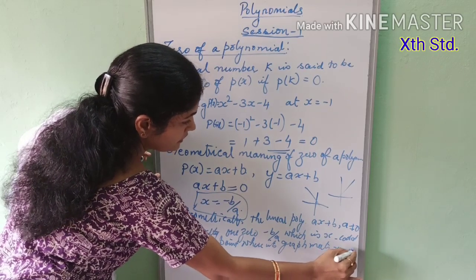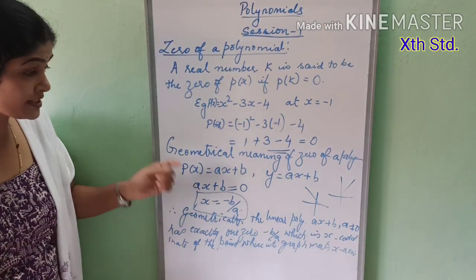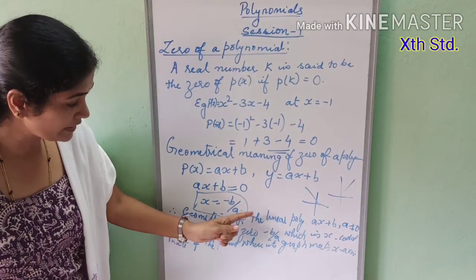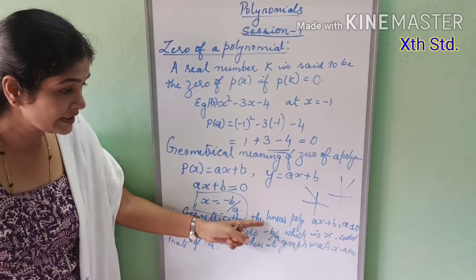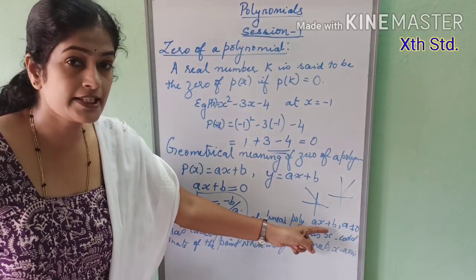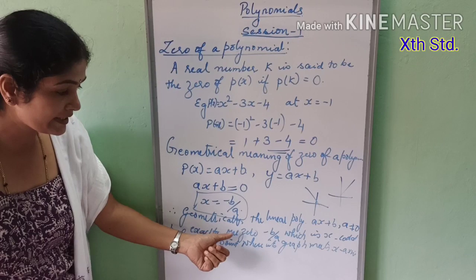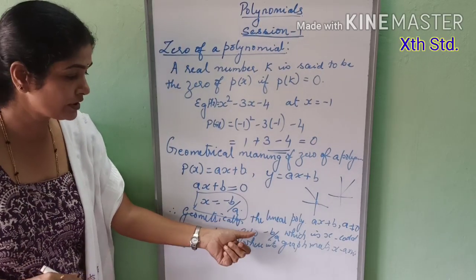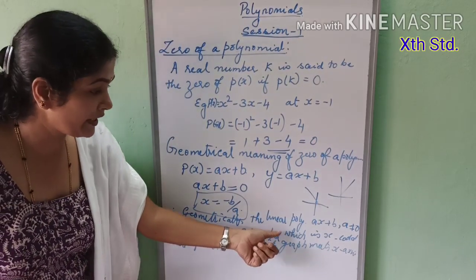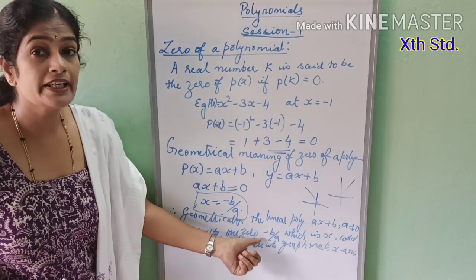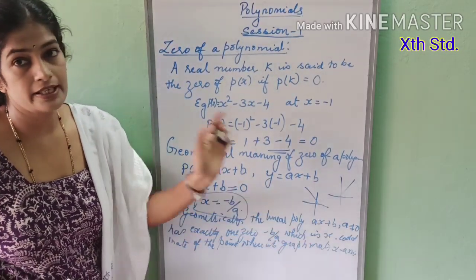Look here carefully. The geometrical meaning is that the linear polynomial ax plus b, where a not equal to 0, has exactly 1 0. That 0 is minus b by a, which is the x coordinate of the point where its graph meets the x-axis.